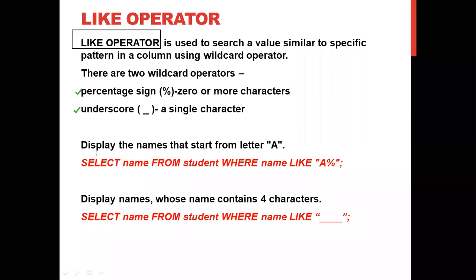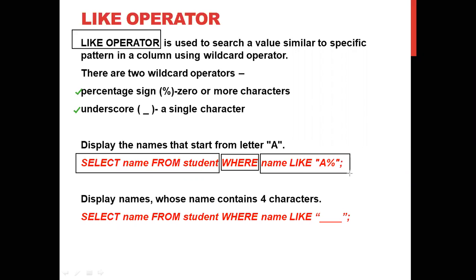Then how to use it? Display a name that starts with the letter A. It means we have to display the name. The condition is given, so we are using where. The condition is given on name: where name like A. It means start from A. After this, there is no condition on how many characters, so we put percent.